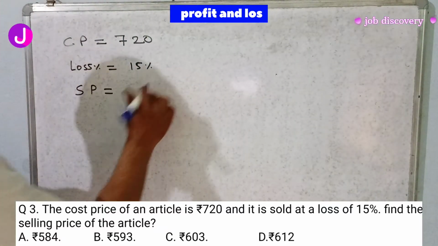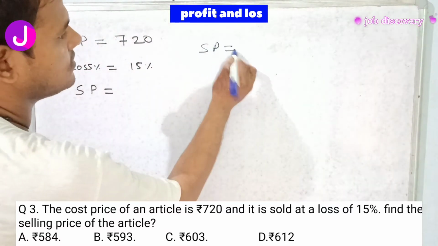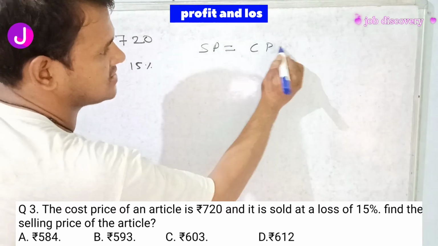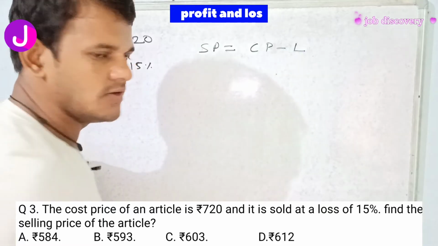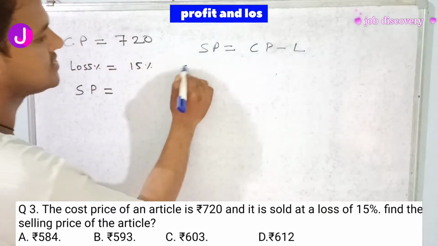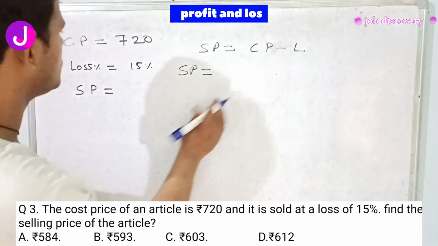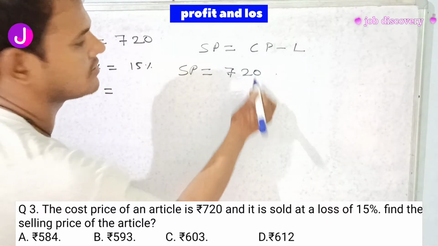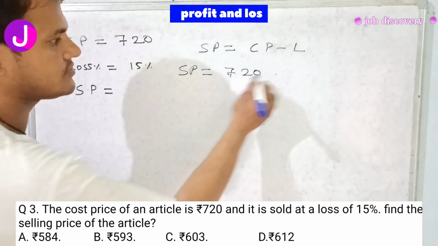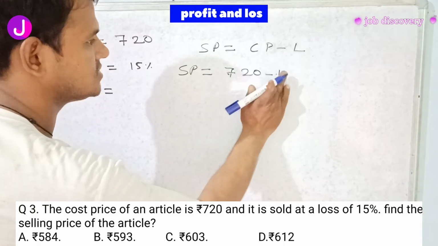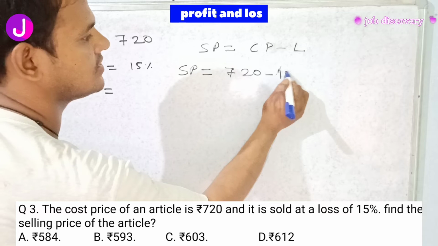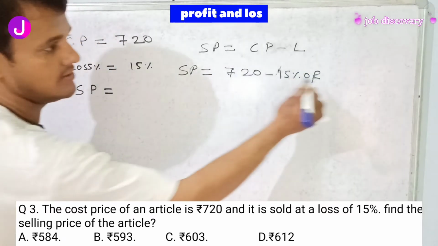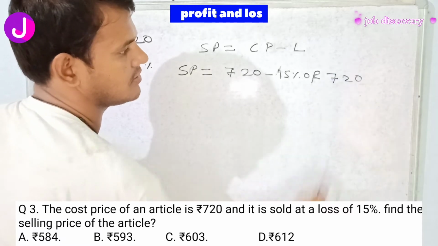As we know, selling price is equal to cost price minus loss in case of loss, right? So selling price is equal to cost price 720 minus loss, which is 15% of 720, right?